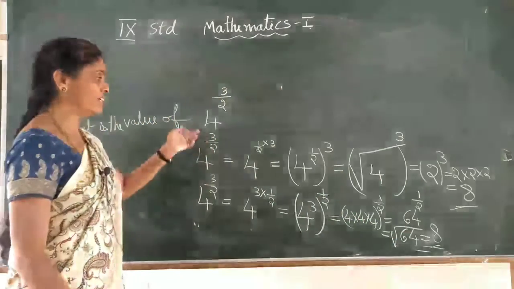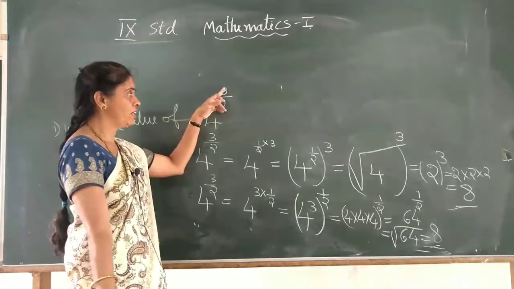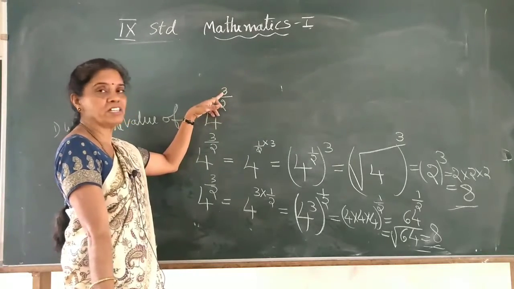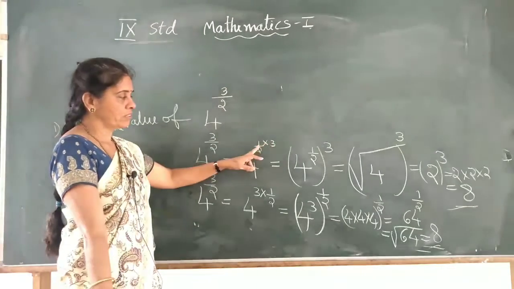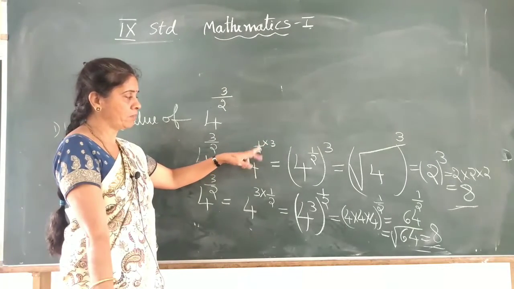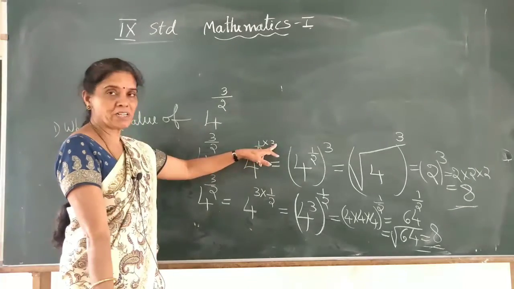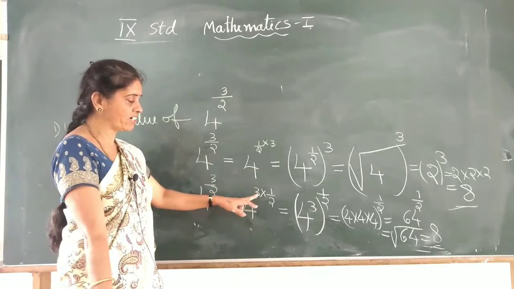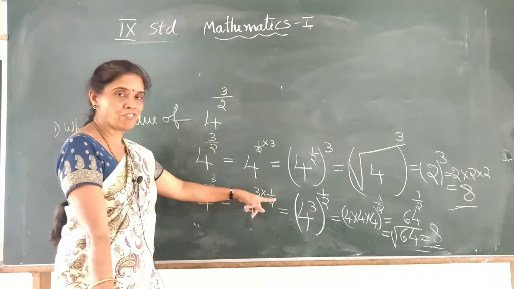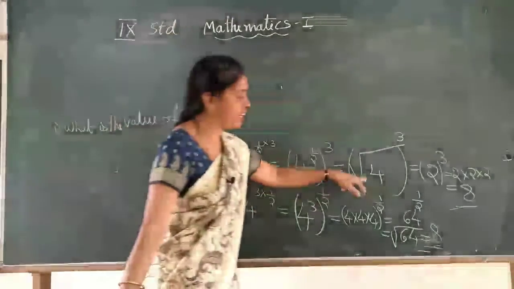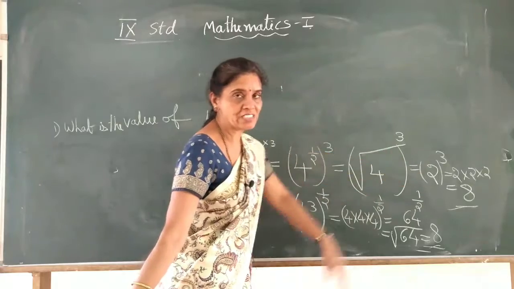Got it? In some problems, you may come across numbers other than 1 in the numerator, so you may split in this manner. Keep 1 by the denominator number, and into the numerator, whatever number is given. Here the numerator is 3, so 3 into 1 by that number, because we can write it in the root form at last to find the answer.